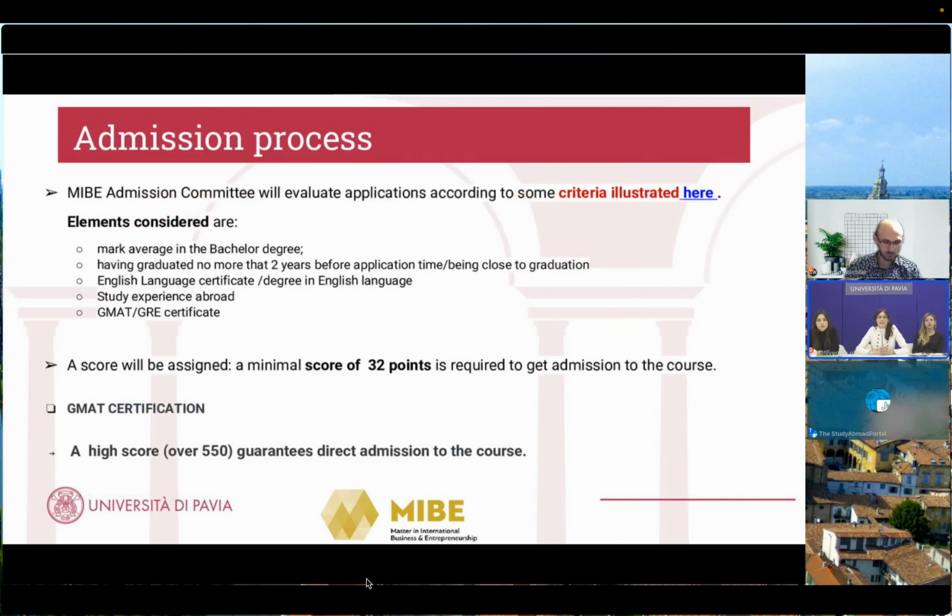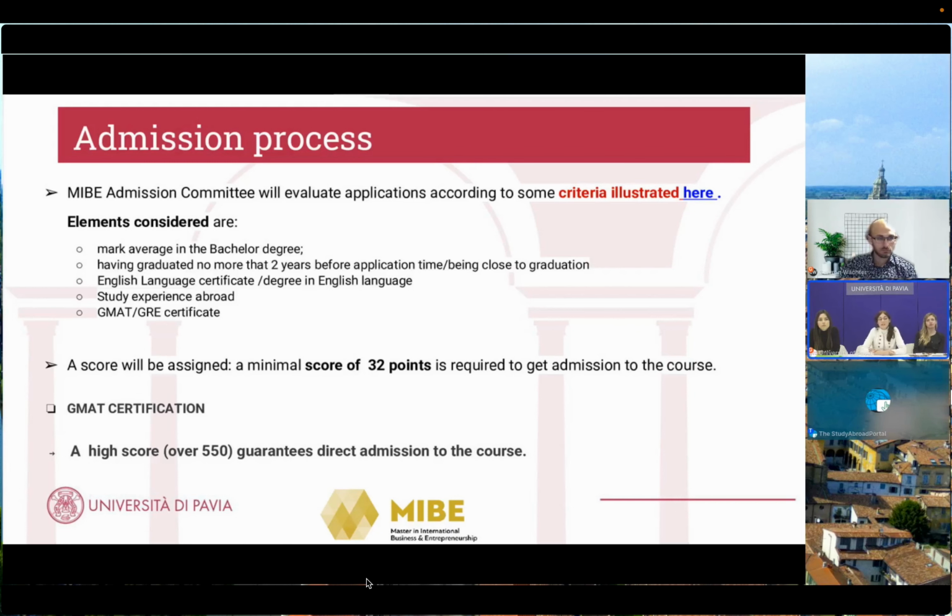Now, as I said, there is an application process and an admission process with some criteria by which we select students. I have reported a link where you find in detail all the criteria used for the selection, but I've summarized some elements which are definitely considered.